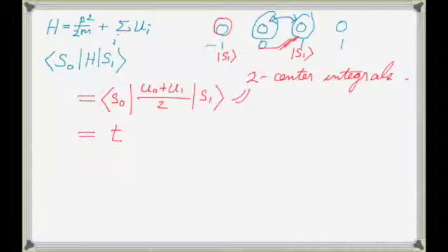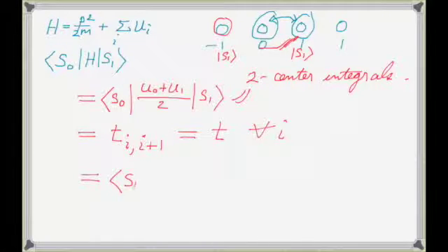It's going to be your t, I plus 1, coupling nearest neighbors for all I, because again, every atom is the same. So this is the nearest neighbor matrix element between all nearest neighbors. So this I plus 1 is just, to be very clear, our SI, UI plus 1.